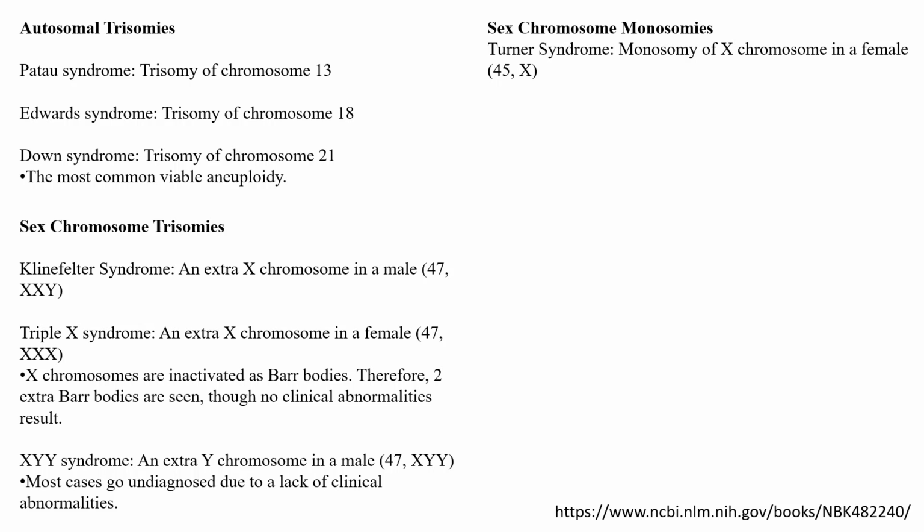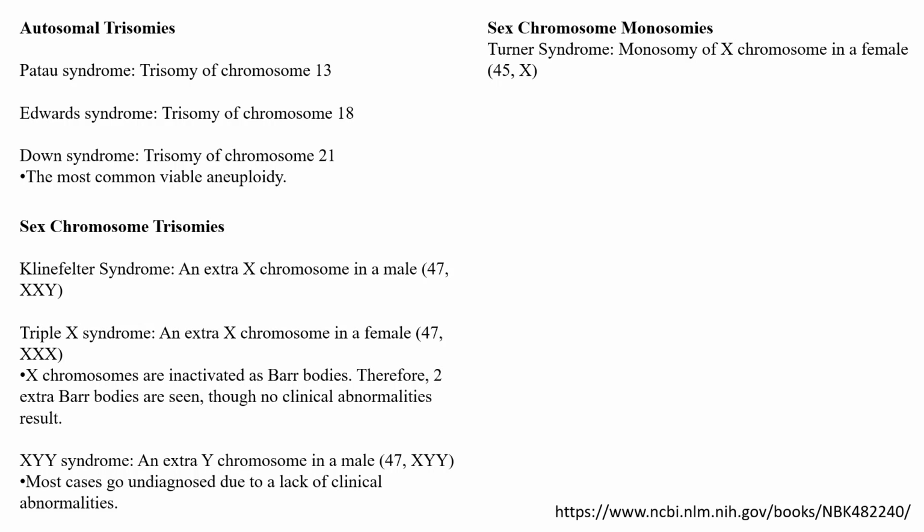So in autosomal trisomy, you have Patau syndrome, which is a trisomy of chromosome 13. Essentially, that means that chromosome 13 missegregated, and some cells have an extra copy of it. Edwards syndrome has a trisomy of chromosome 18. And the most common viable aneuploidy, viable means that the person who has the syndrome actually survives well and is relatively healthy.